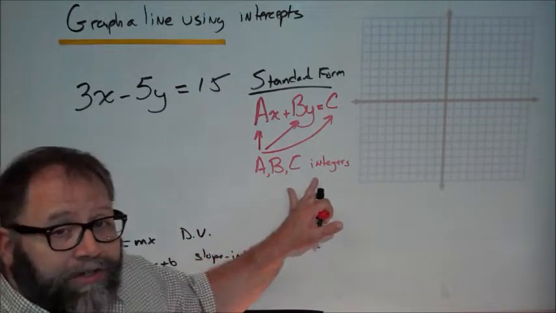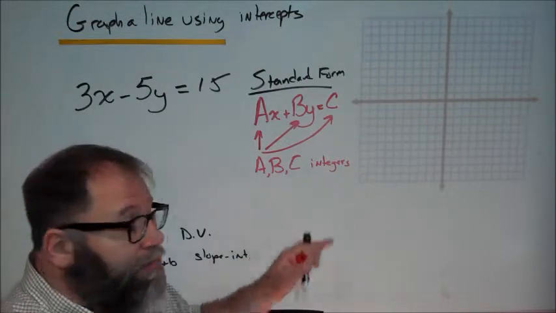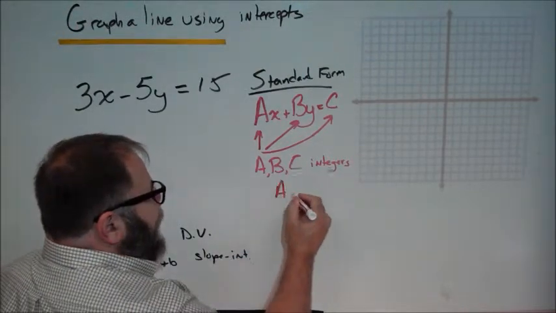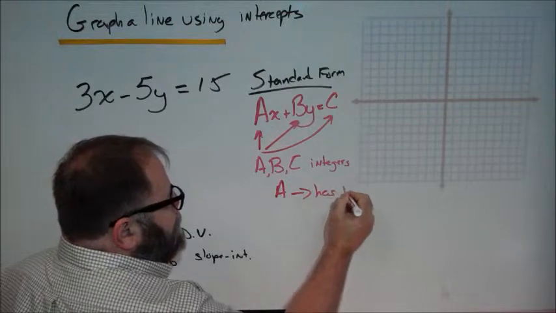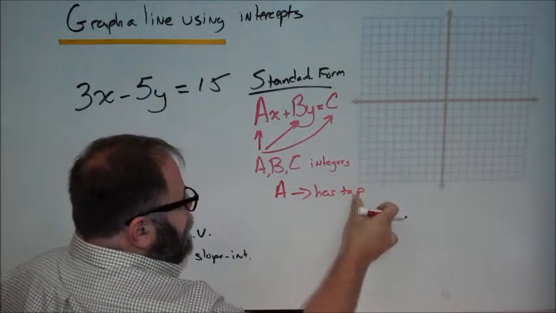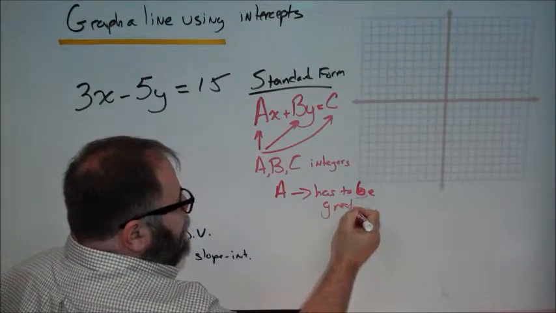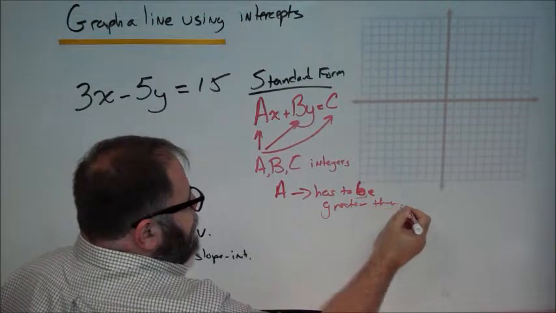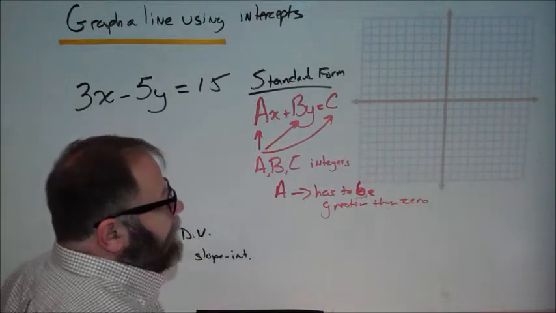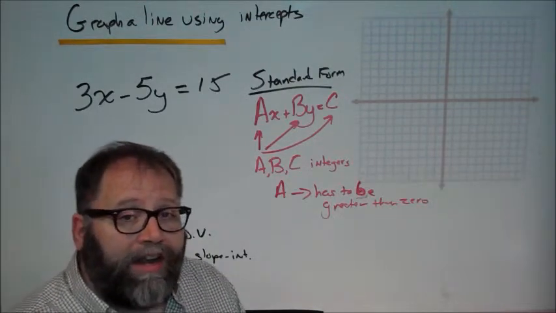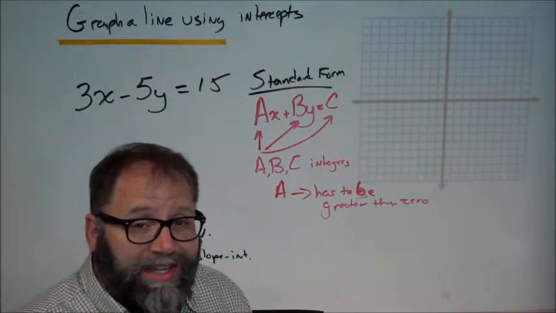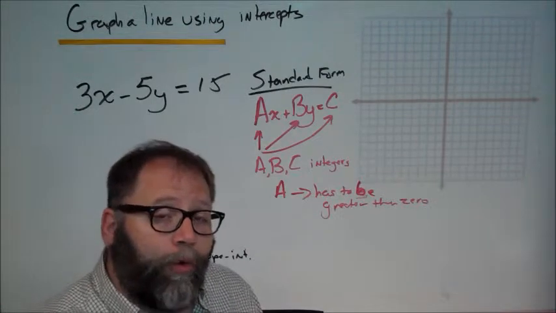They have to be integers, and this is the other twist, A has to be greater than 0. And once we have that, we've got an equation that we can work with just as easily as slope-intercept form.